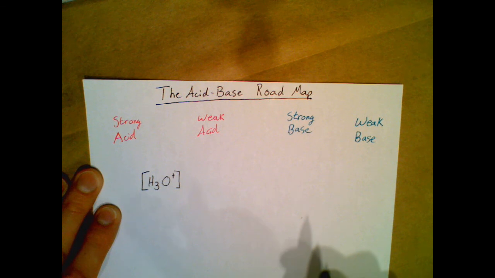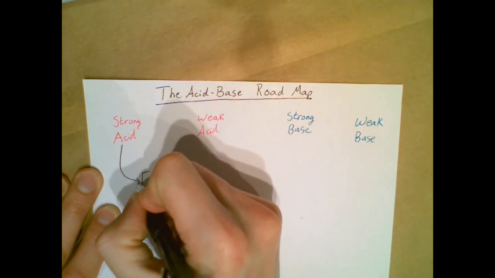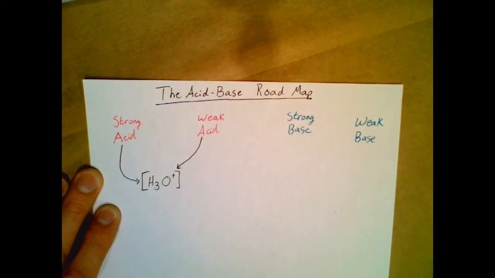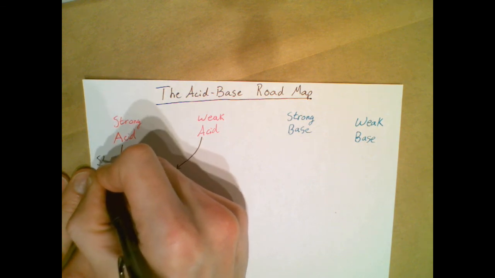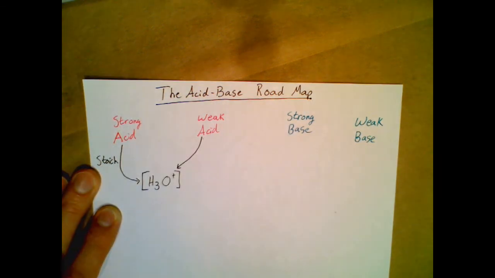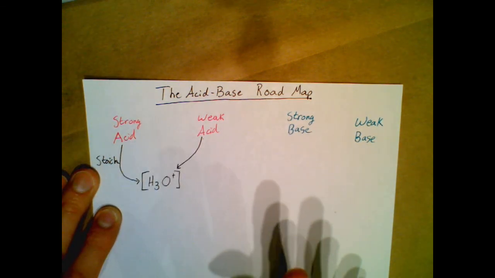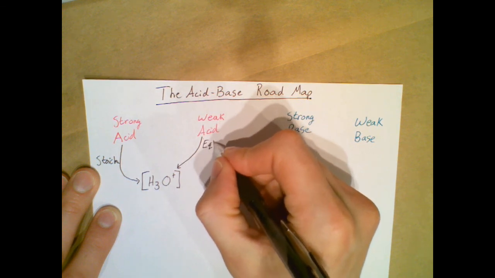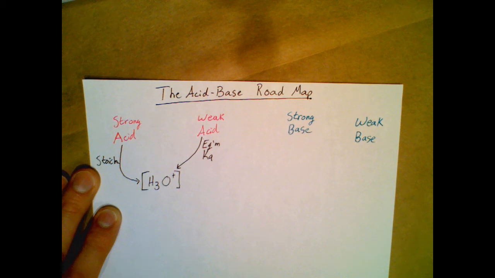Depending on if you are using a strong acid or a weak acid, there's a different way to get there. Strong acids, remember, use stoichiometry because it's a one-way reaction. There is no equilibrium. A weak acid, on the other hand, has equilibrium, and remember that means you need to use the Ka to solve that.